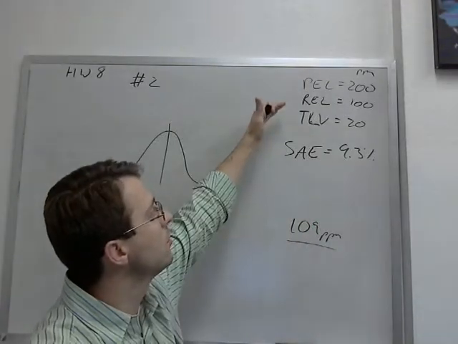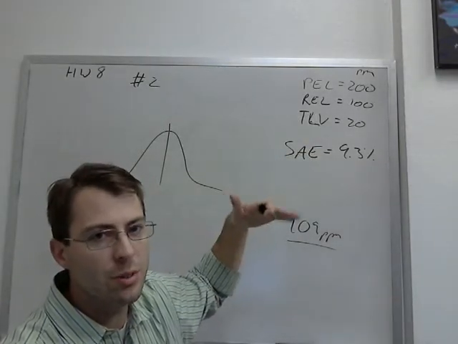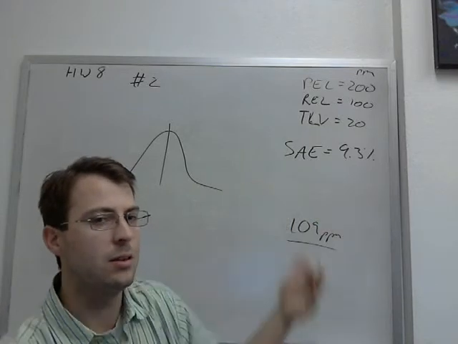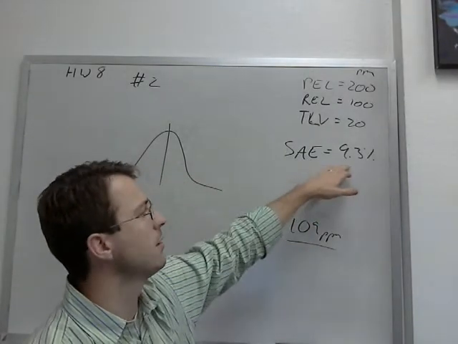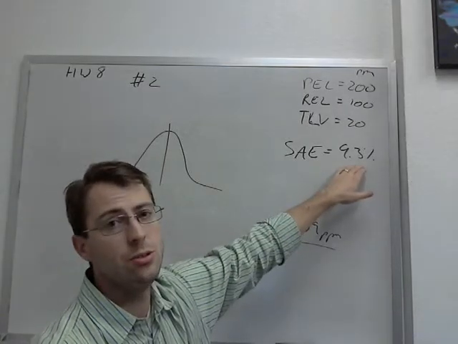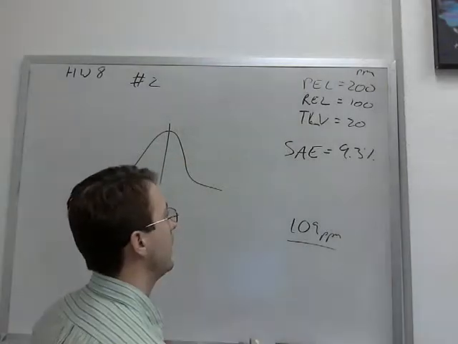But if you're at 200 PEL, then 9.3% is 200 plus or minus like 18 ppm. So this sampling and analytical error is standardized to the exposure limit. So just bear that in mind.